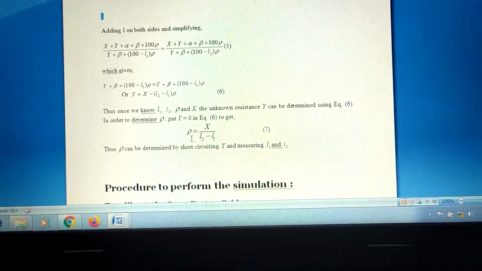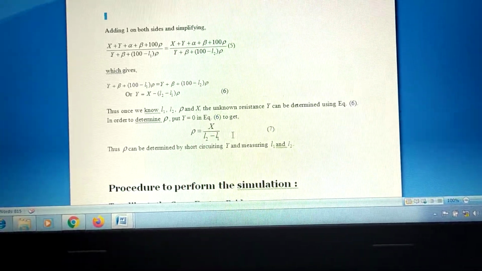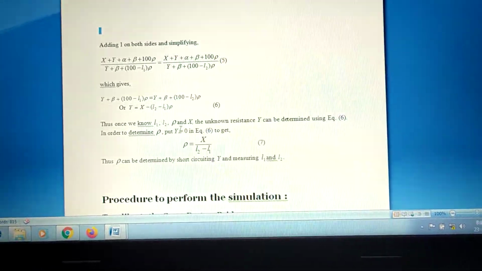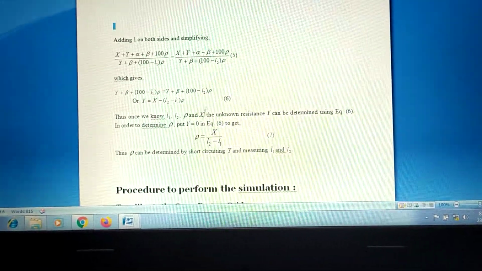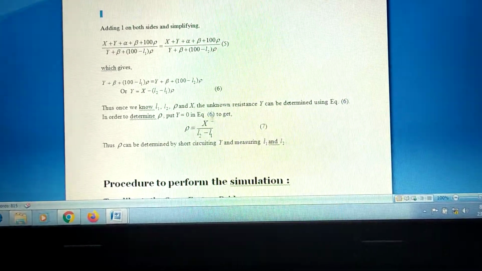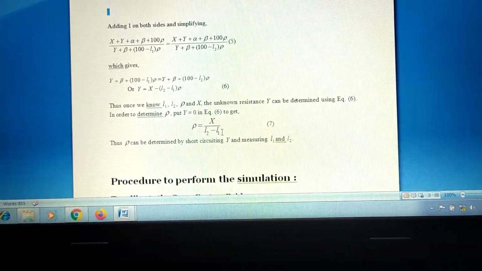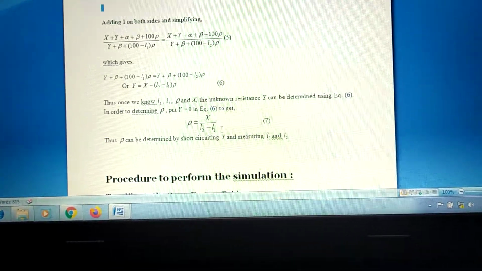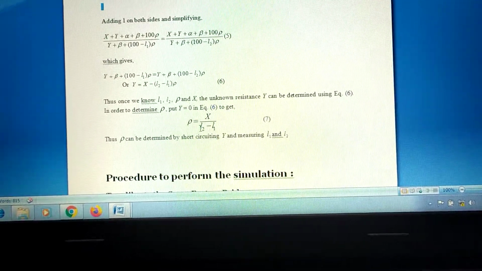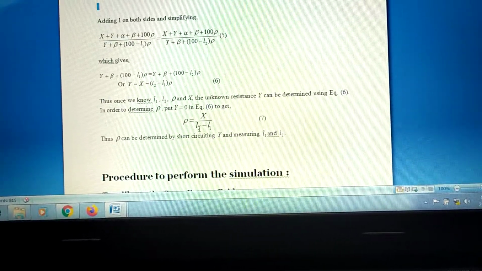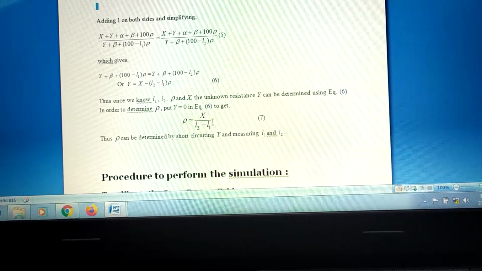This is the working formula for the resistance per unit length, rho, equals X by (L2 minus L1). Here X is the fractional resistance, and L1 and L2 are the zero deflection lengths for gap 1, the left gap, and L2 for the right gap.